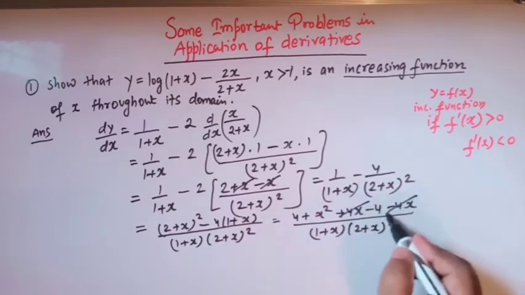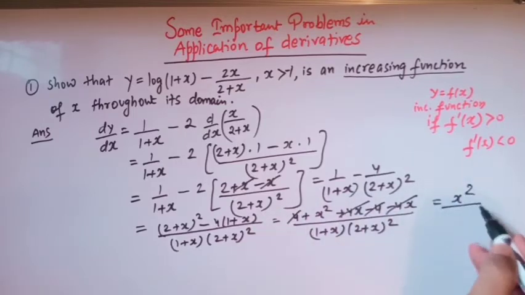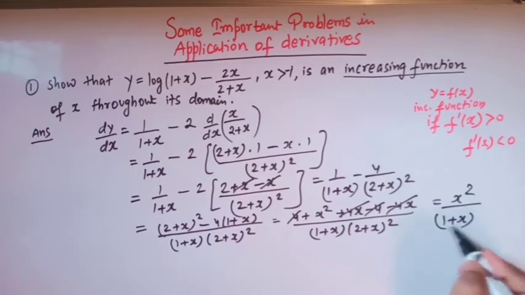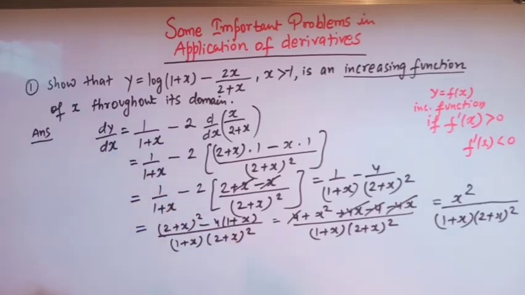Now 4x gets cancelled, 4 and 4 get cancelled, so we have x square over (1 + x)(2 + x) whole square. So viewers, when we solve this question, the important thing is to find the derivative. So once we correctly find the derivative, things become easy, right? So now here the derivative is x square over (1 + x) times (2 + x) whole square.